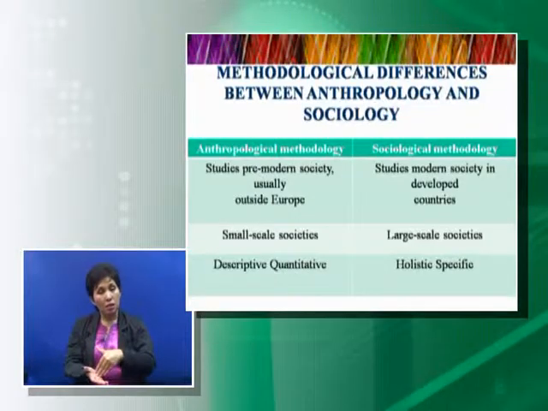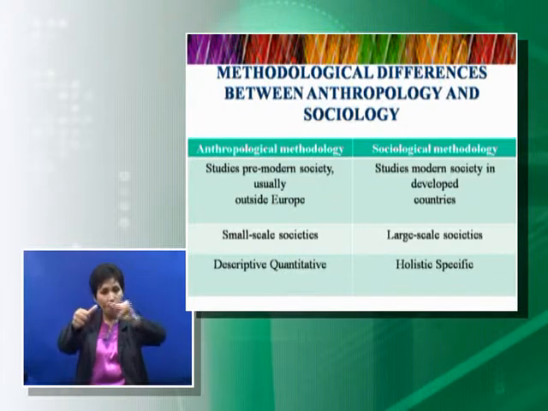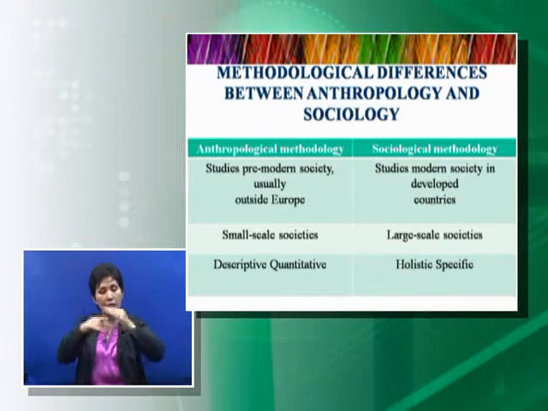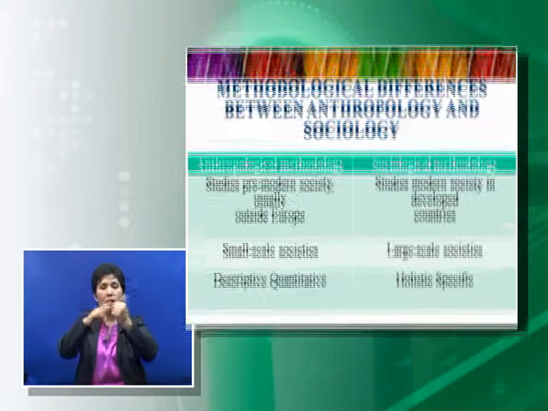Okay, let me repeat. In anthropology, first, the focus is on pre-modern society. And for the sociological method, the focus is on society in developed countries. As I mentioned just now, when it involves different groups of people, the nature of the case study, of course, will be different.